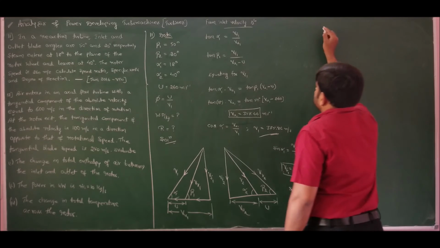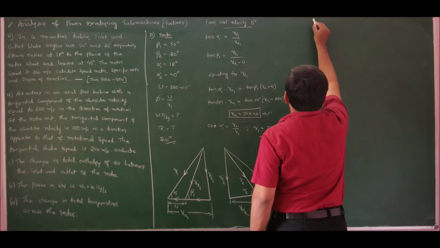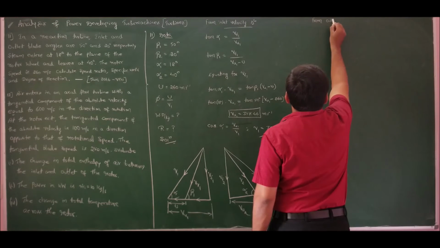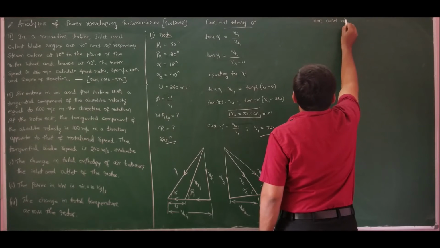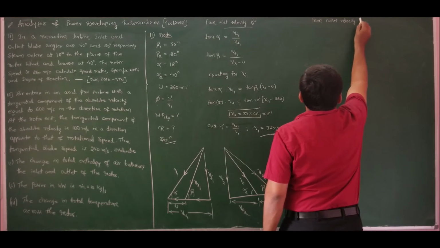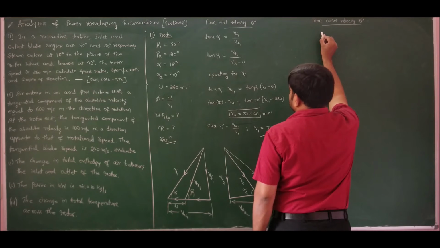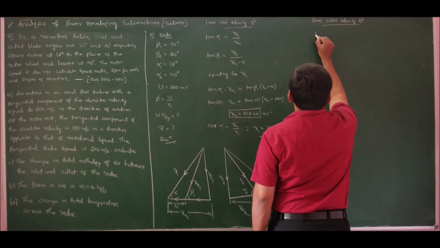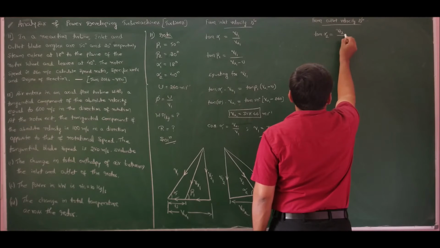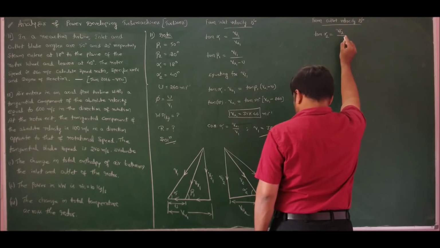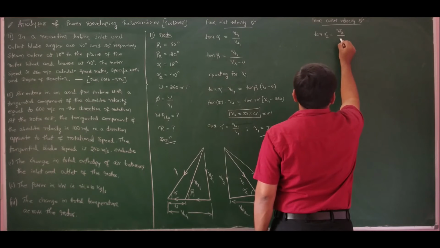So if I do the same procedure for the outlet velocity triangle, from the outlet velocity triangle, I can write tan alpha 2 as Vf2 by Vu2.